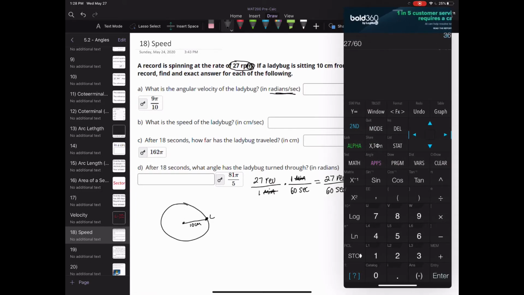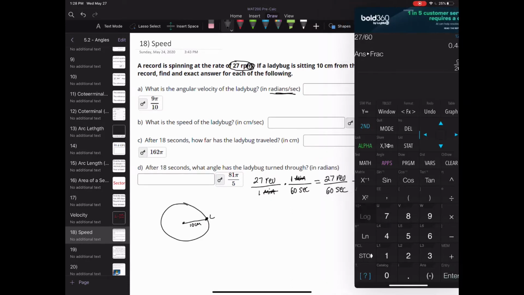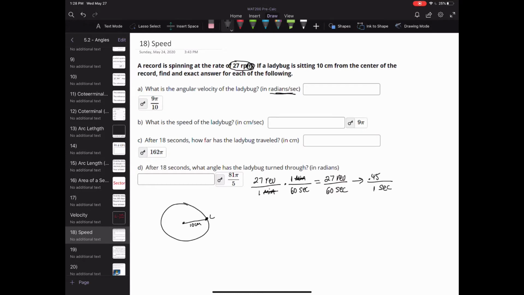Yeah, let's change it to a fraction. Math, enter. 9 over 20. So 0.45 revolutions per second, but we know that's the same as 9 over 20 revolutions per second. For every 1 second, that is.